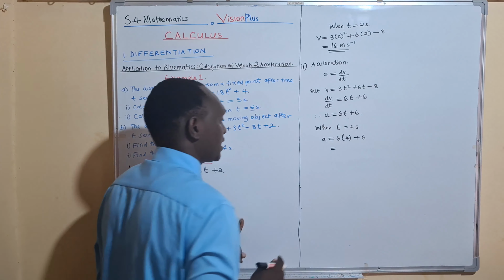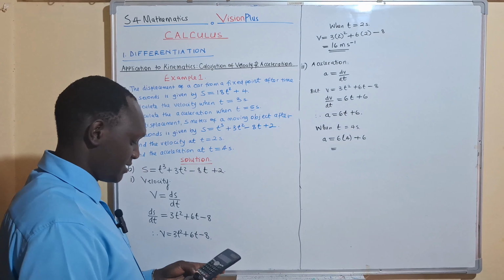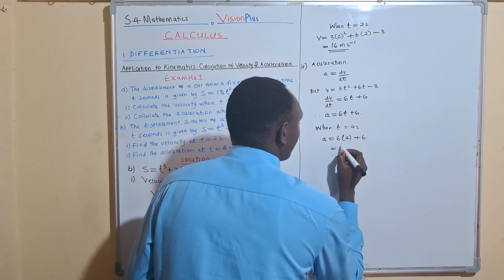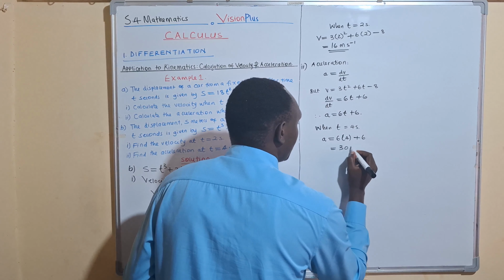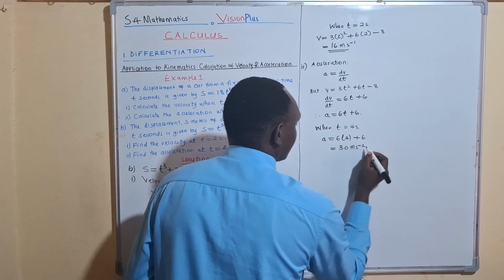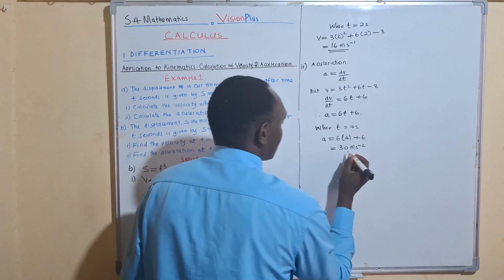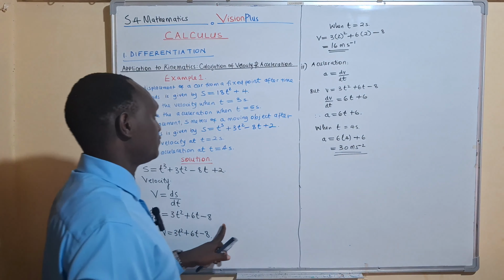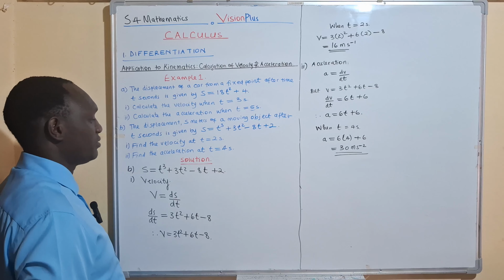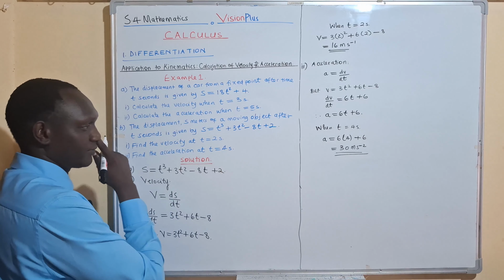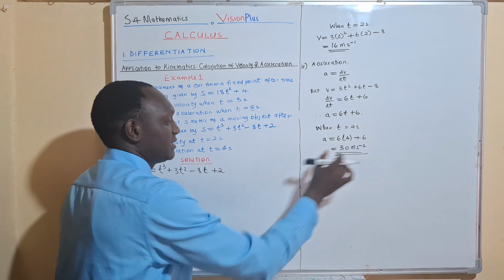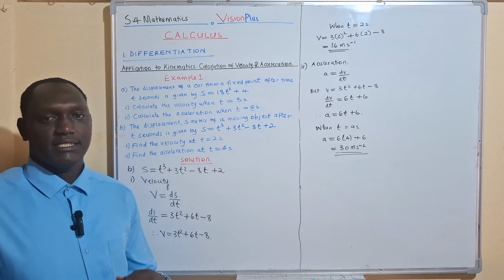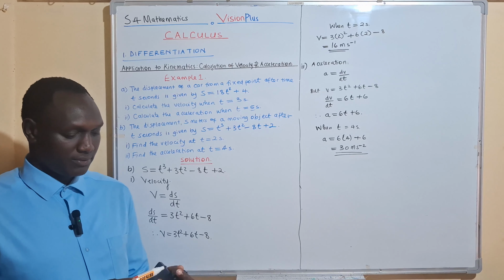Then you press the calculator. It's 6 times 4, 24, plus 6, 30. So here you get 30 meters per second squared. Remember, this is acceleration. So the acceleration of this particle when the time is 4 seconds is 30 meters per second squared. And this makes the solution to example 1.